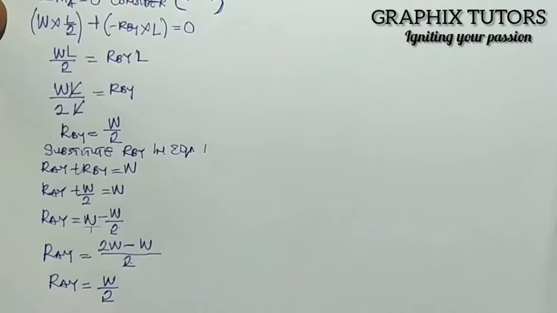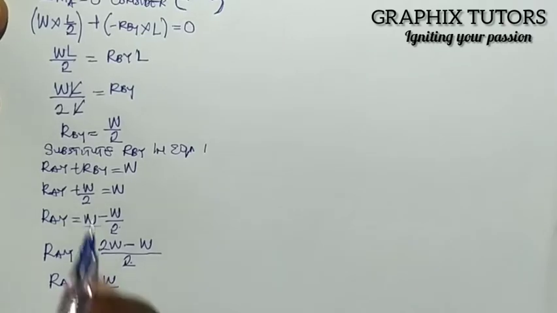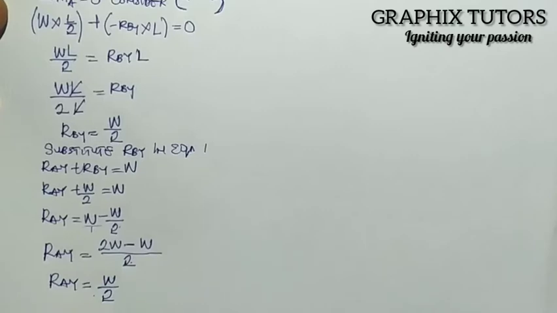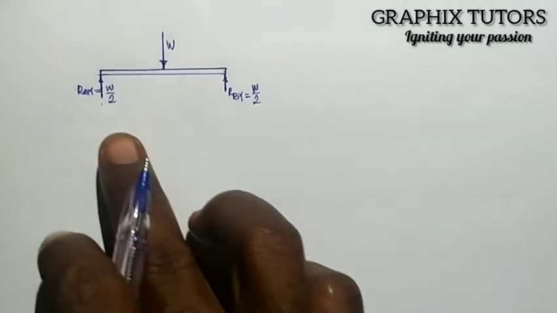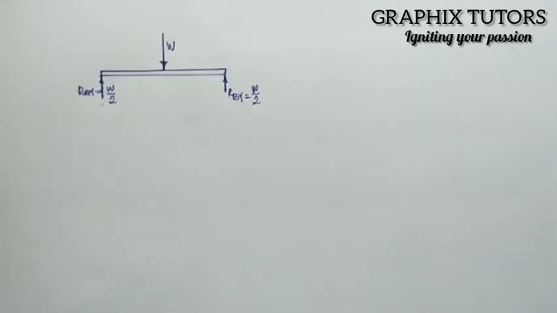Now we are getting RA and RB. Now we have successfully gotten the reactions. The next thing is to get the slope and the deflection of the beam.